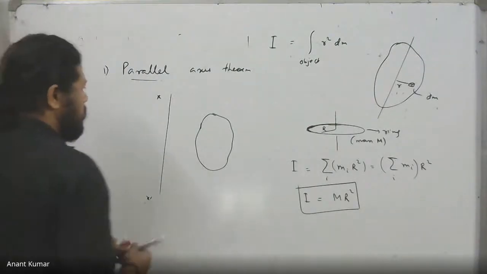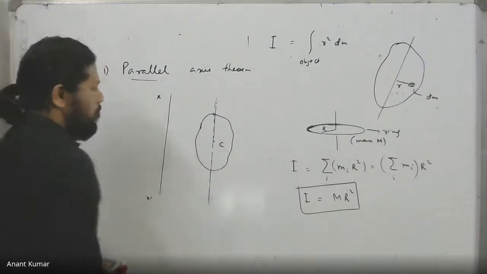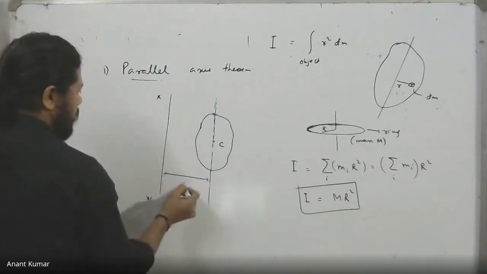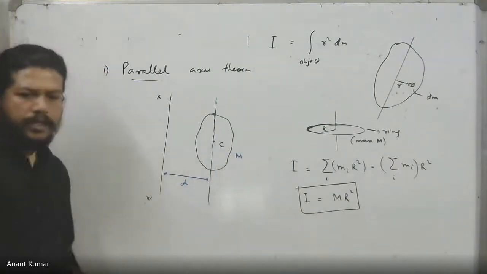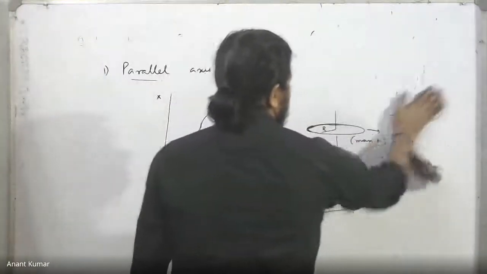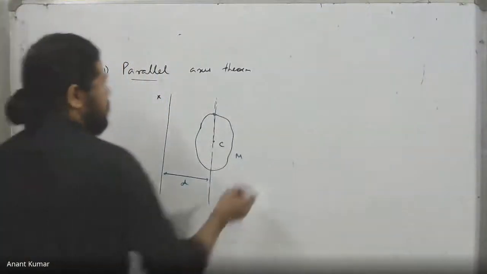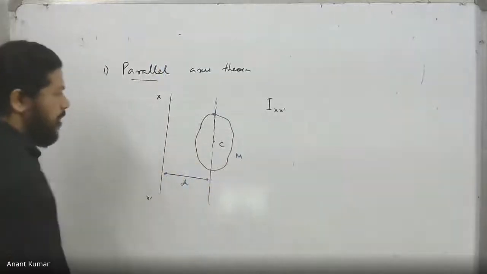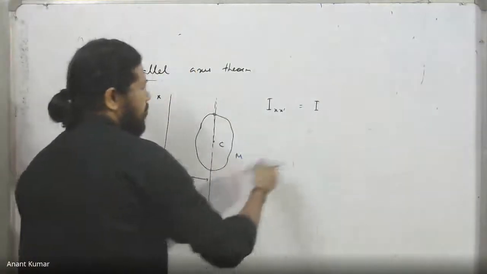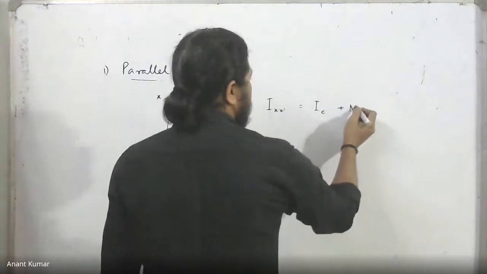If I consider the center of mass over here and draw an axis passing through the center of mass and parallel to the given axis, the distance between them being equal to d, and the total mass is m, for instance, then the result says that the moment of inertia about that axis xx prime is nothing but the moment of inertia about the center of mass axis, let's call this IC, where IC represents the center of mass axis parallel to the given one, plus m into d square.